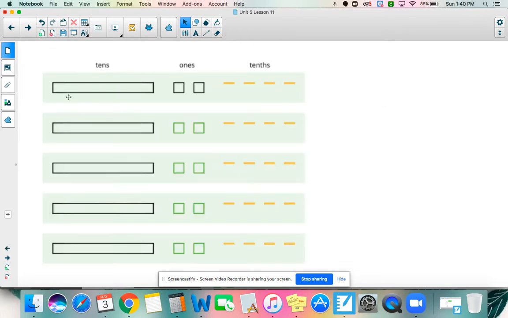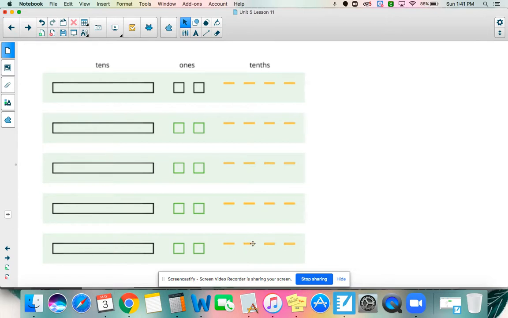So if we look here, the black ones are what I started with: 1, 2, 3, 4, 5 of my 62, my 2 ones. I divided them into 1, 2, 3, 4, 5, 6, 7, 8. And remember, now I have tenths.